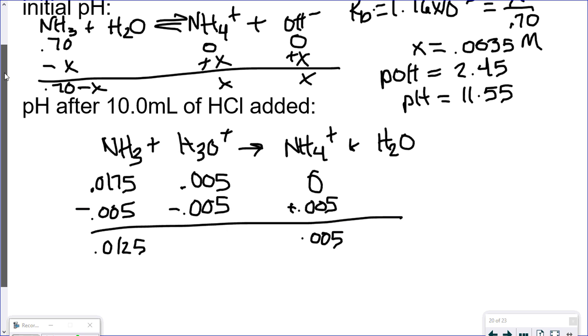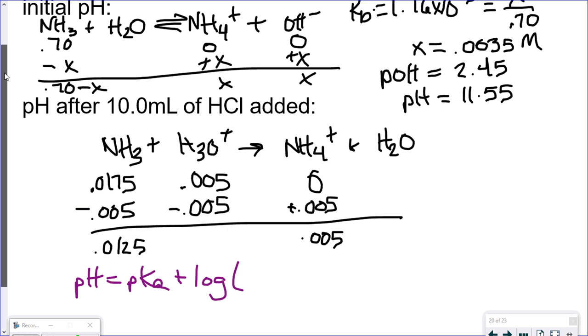Now, remember, our Henderson-Hasselbalch equation had Ka, not Kb. So be aware of which number you're actually plugging in. So our pH is equal to the pKa plus log of base over acid.